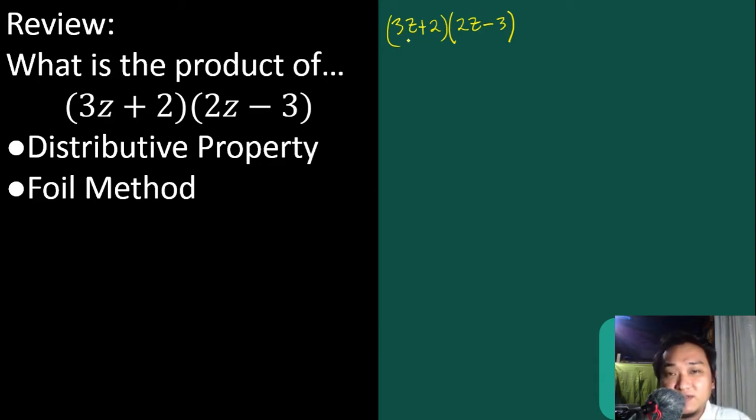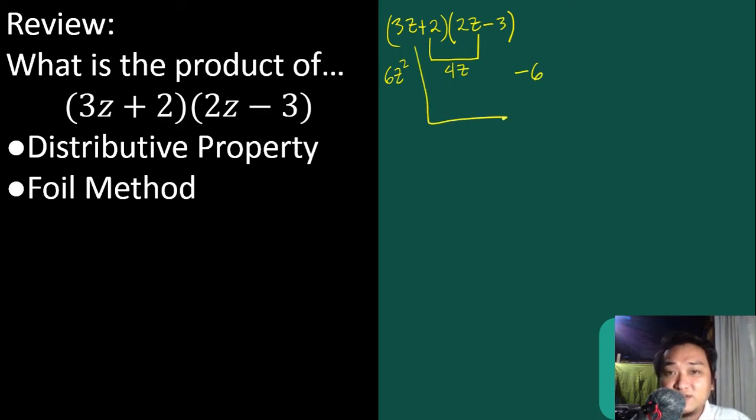The product of the first terms on the two binomials will be 6z squared. Yung product naman nung last terms nung binomials would be negative 6. Ngayon, yung inside term naman would be 2 times 2z, that would be 4z.